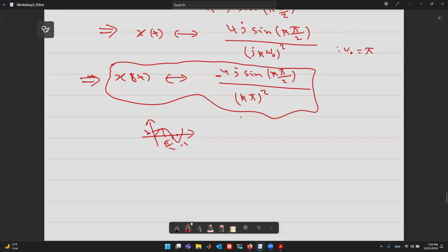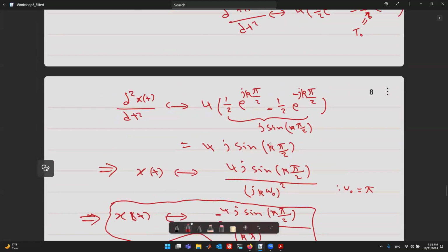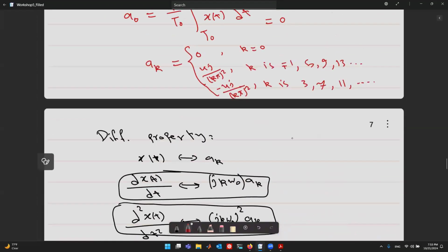So when k equals 1, we'll have positive 1 here. When k equals 3, we have negative. When k equals 5, we get +1 again. When k equals 7, we get -1, and so on. So if we take this into account, we'll be able to write the coefficients this way.